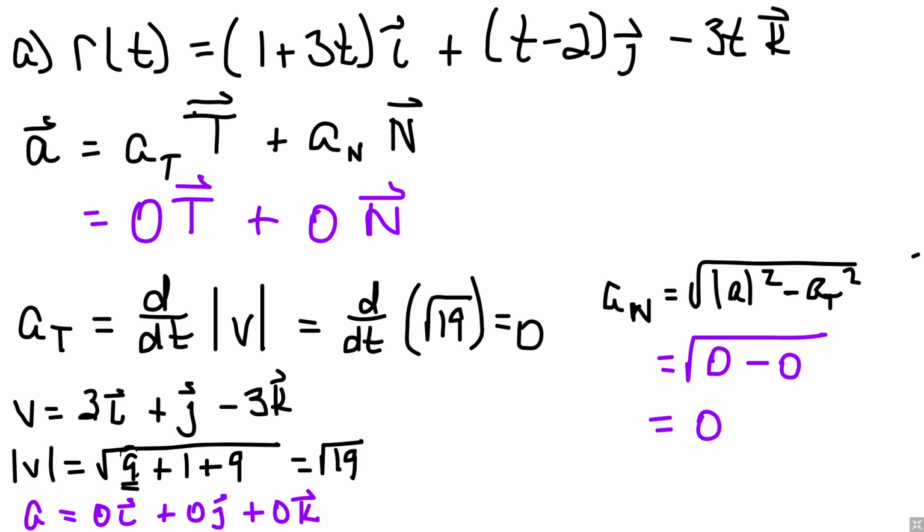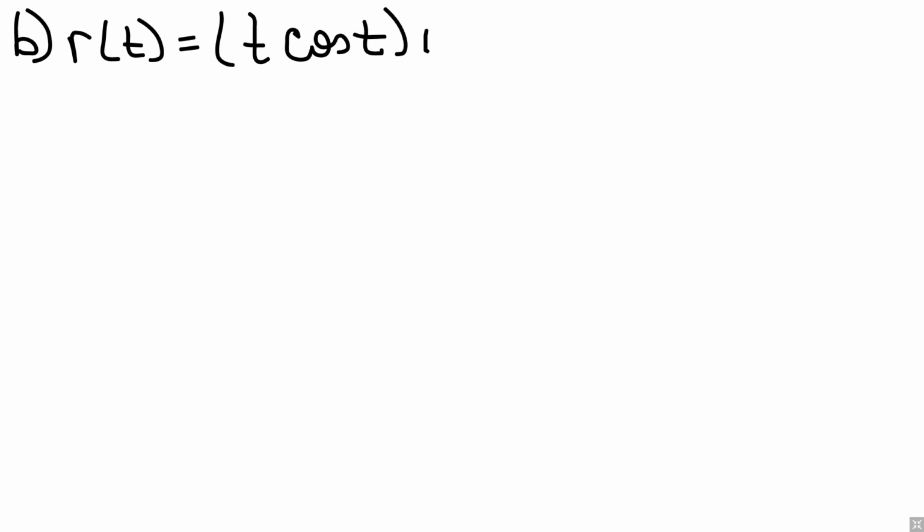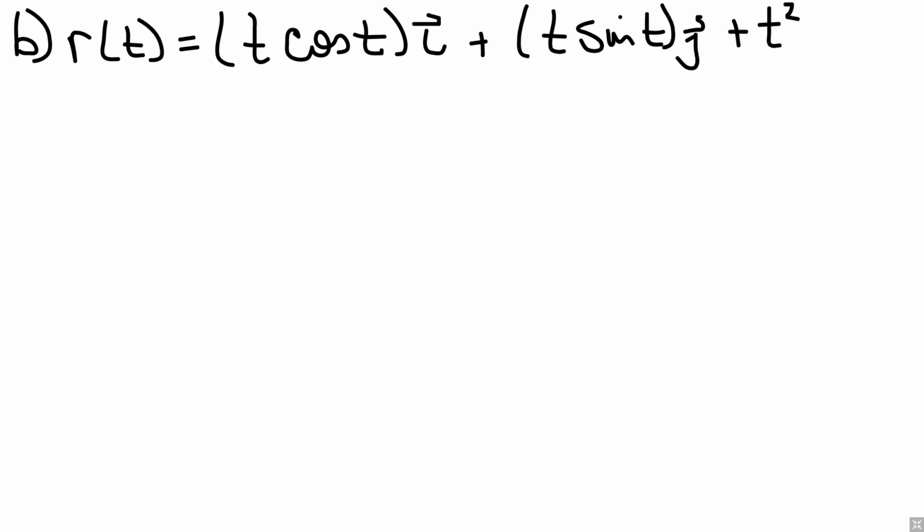Okay, so for the second problem, we have this. We have that r of t is defined as t times the cosine of t in the i direction, plus t times the sine of t in the j direction, plus t squared in the k direction, and they tell us that t is equal to 0.